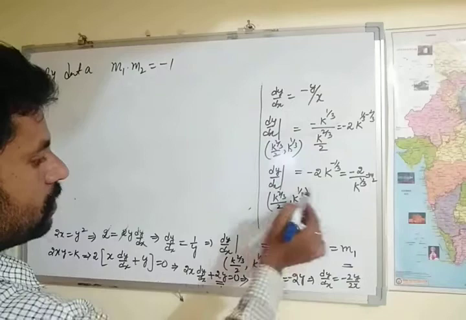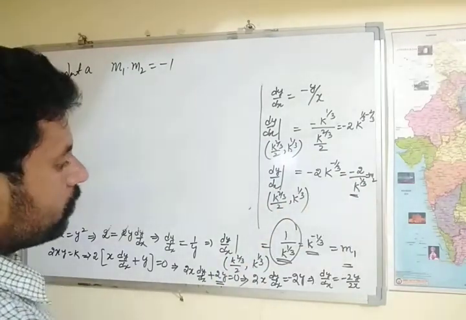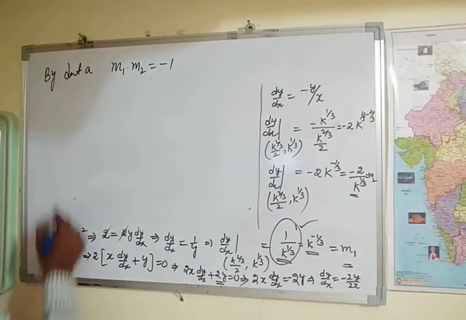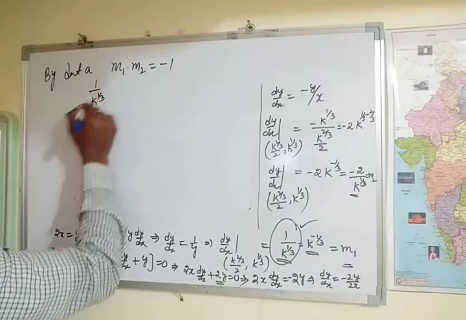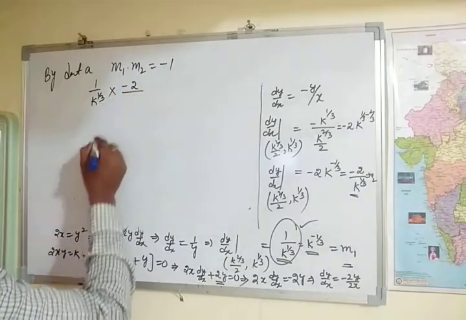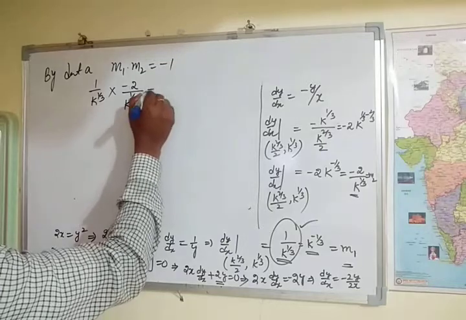Now already this result is converted, in the second m2 term is minus 2 divided by k to the power 1 by 3 form. That's why I consider m1 is 1 by k to the power 1 by 3. See, 1 divided by k to the power 1 by 3 into the m2 term value, minus 2 divided by k to the power 1 by 3, is equals to minus 1.